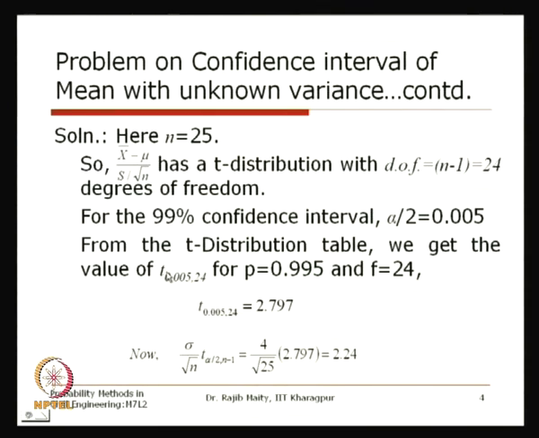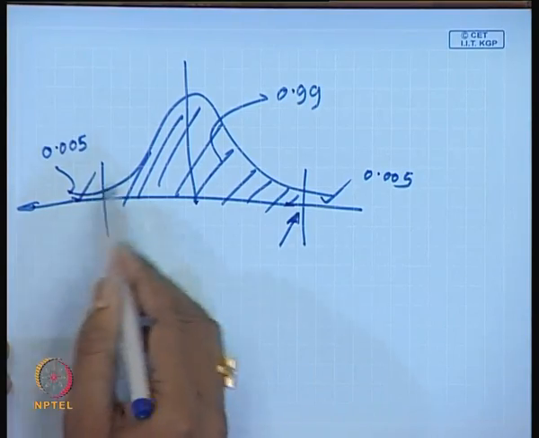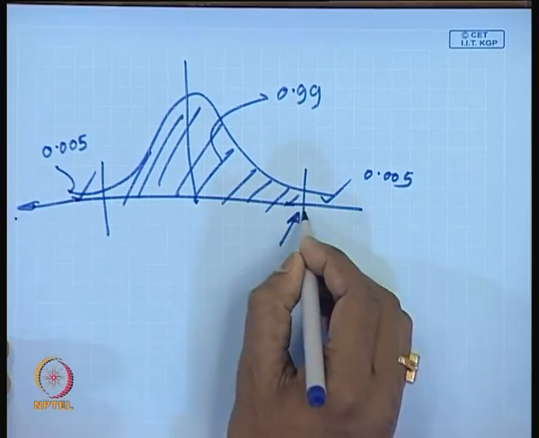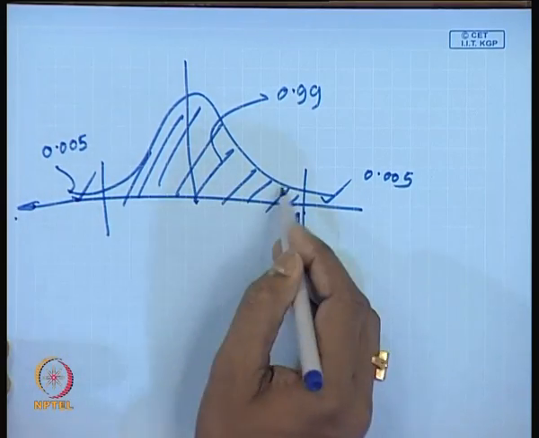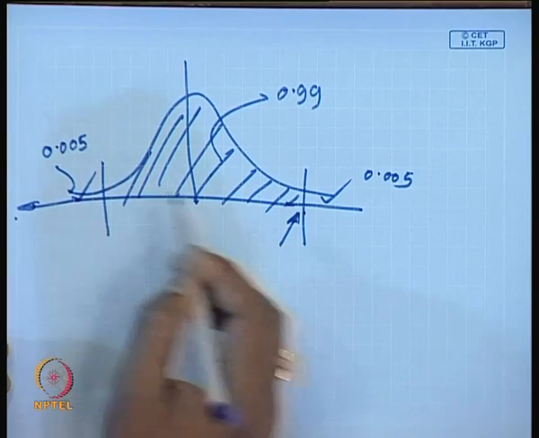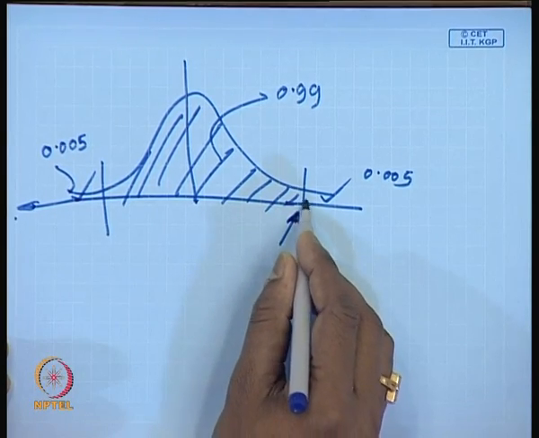This is the value when the cumulative probability is 0.995 and the degrees of freedom equal 24. The support of the t distribution is minus infinity to plus infinity. From minus infinity to this point, the total probability covered is 0.99 plus 0.005, that is 0.995.